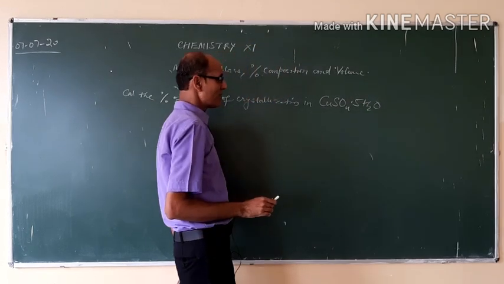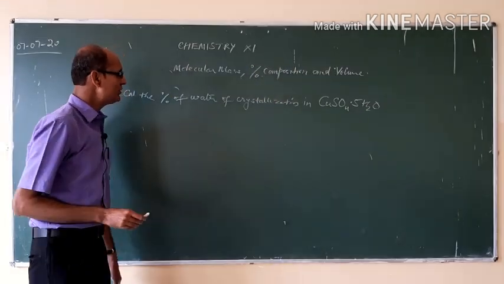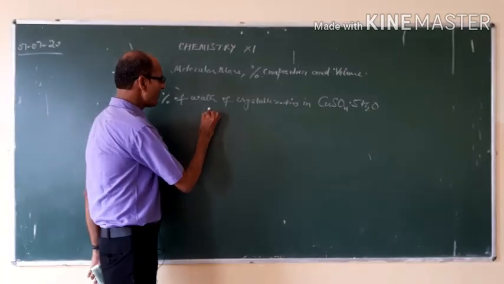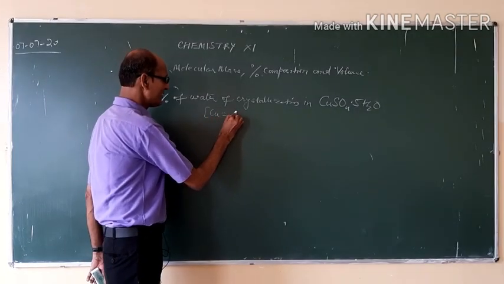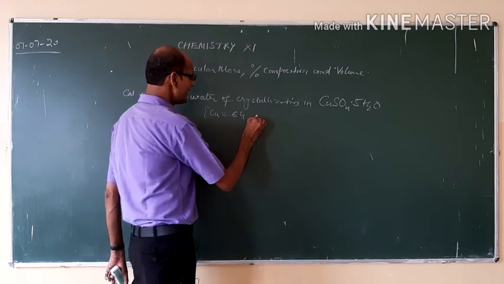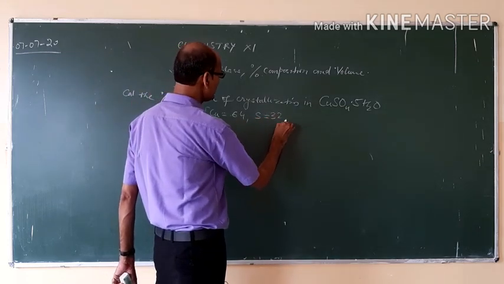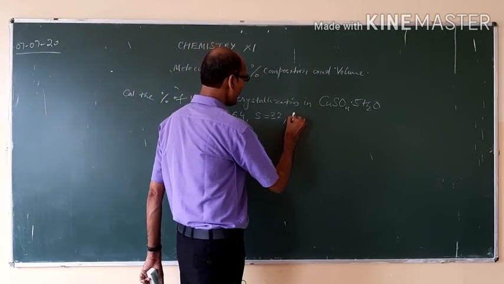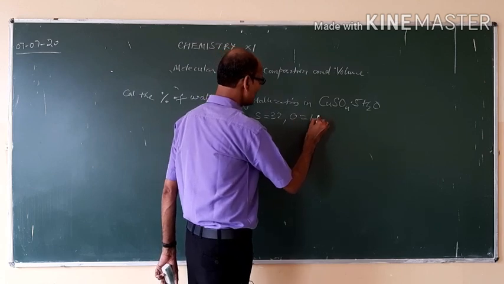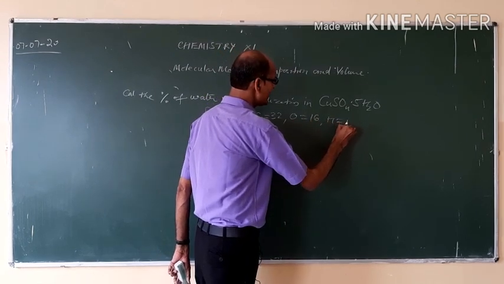So what we have to do? Given atomic mass of Cu is 64, atomic mass of sulfur is 32, atomic mass of oxygen is 16, and hydrogen is equal to 1.